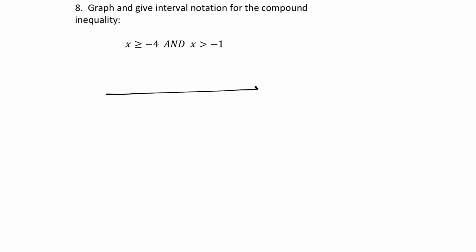Number line. This time -4 comes first, -1 comes second. Okay, at -4, it's closed circle to the right. At 1, it is an open circle and to the right. And where do these two overlap? Okay, just right here, right?